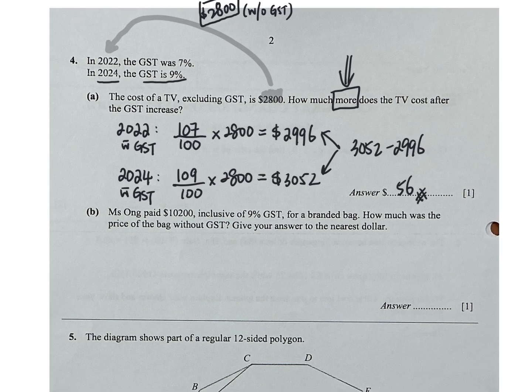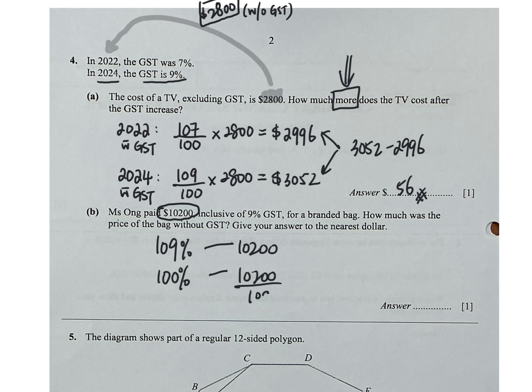Okay, next. They say this bag costs $10,200 and is inclusive of a 9% GST. So this is for 109%. They say, can you find the price of the bag without the GST? Yes. So they want you to find the 100. Divide by 109 times 100. Okay, but take note.